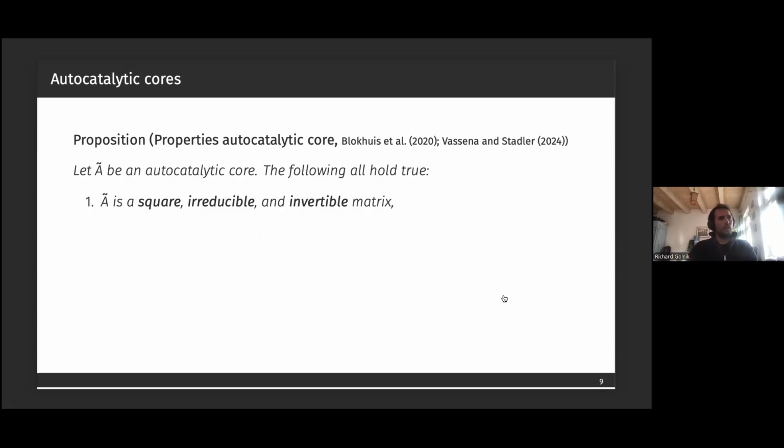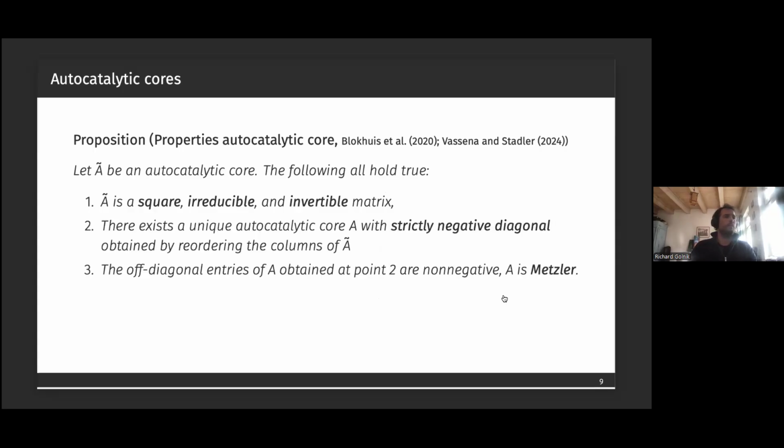And autocatalytic cores have been shown to satisfy some interesting properties. These are square, irreducible and invertible matrices. One more very important thing is that for these cores, there exists a reordering of the columns such that we obtain a matrix with a strictly negative diagonal and a non-negative off-diagonal matrix.